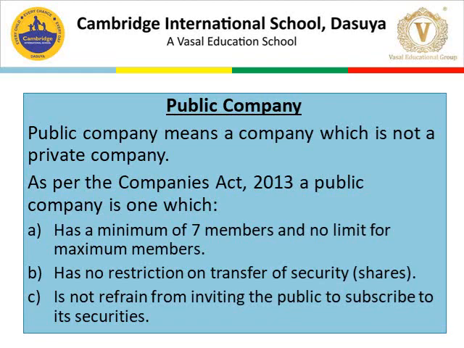C. A public limited company is not refrained from inviting the public to subscribe to its securities. It means that a public limited company can invite the public to subscribe to its securities. It means they can issue a prospectus to the public. The public can buy that prospectus, apply for the shares or securities in the company, and the company can allot shares to them.